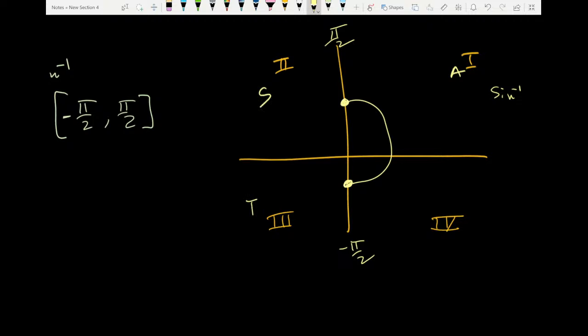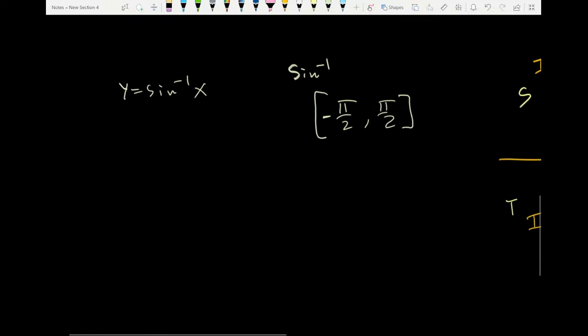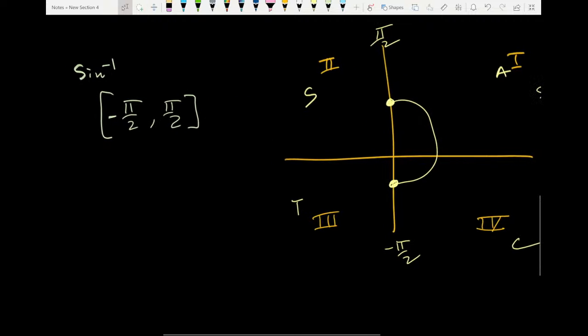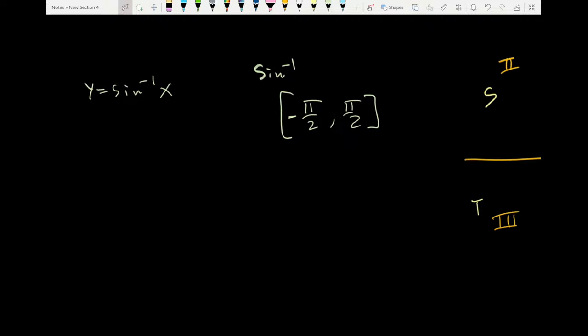All students take classes. So therefore, sine is positive in this quadrant and negative in this quadrant. That's where we use that. When we do the inverse functions, that's what positive and negative matters.